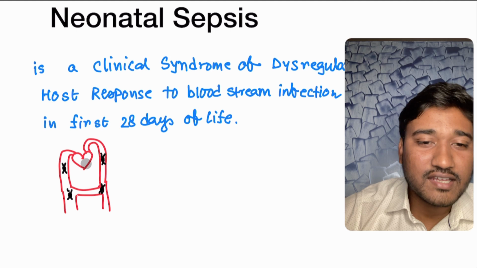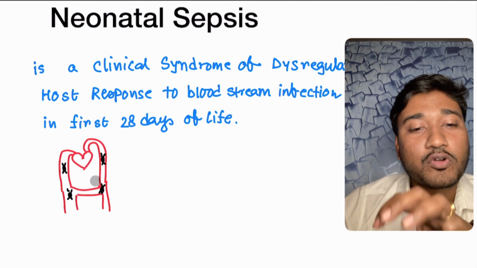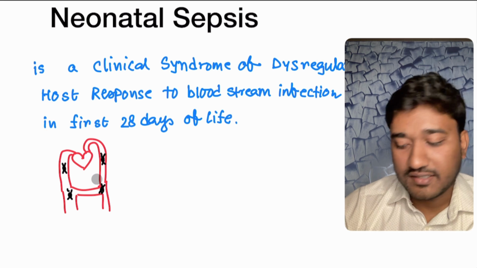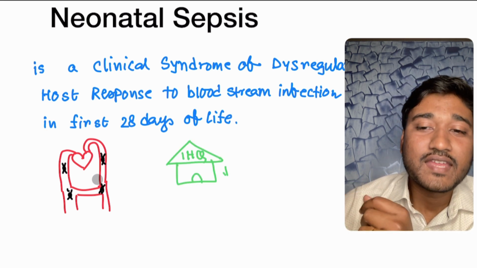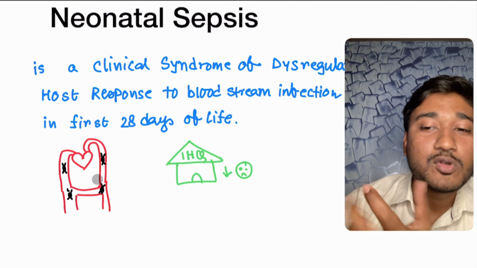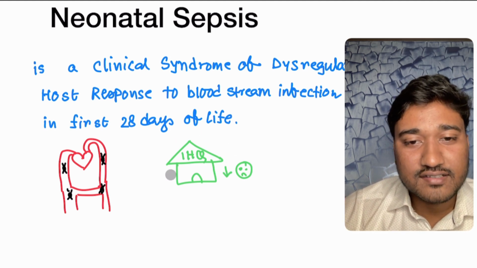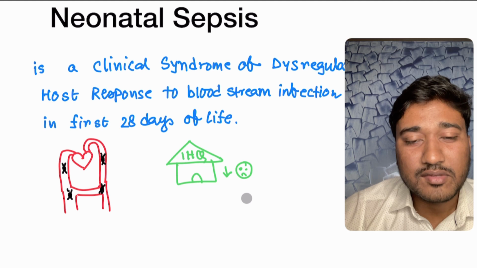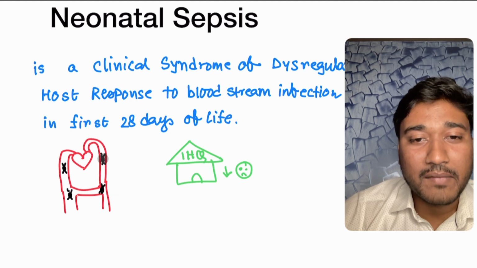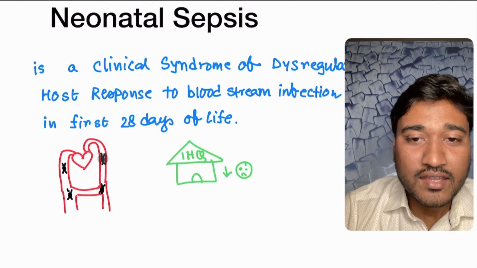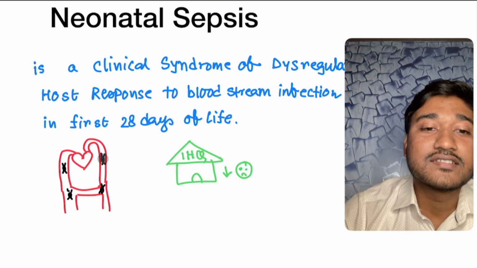These naughty bacteria actually invaded into the bloodstream, and there is proliferation of these bacteria in the bloodstream. And you know, the neonate actually has a very poor immune system, so they cannot fight these bacteria. So there is down regulation of the immune system. The immune system is immature, whereas these naughty bacteria are multiplying, and therefore you can see there is a dysregulated host response along with bloodstream infection.